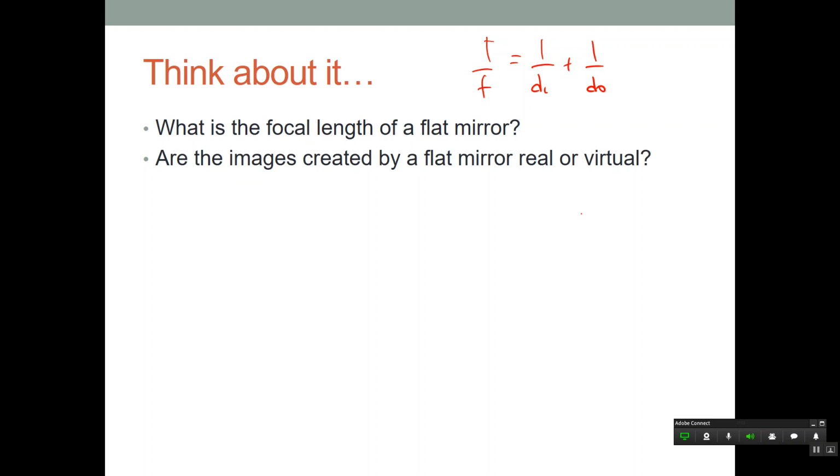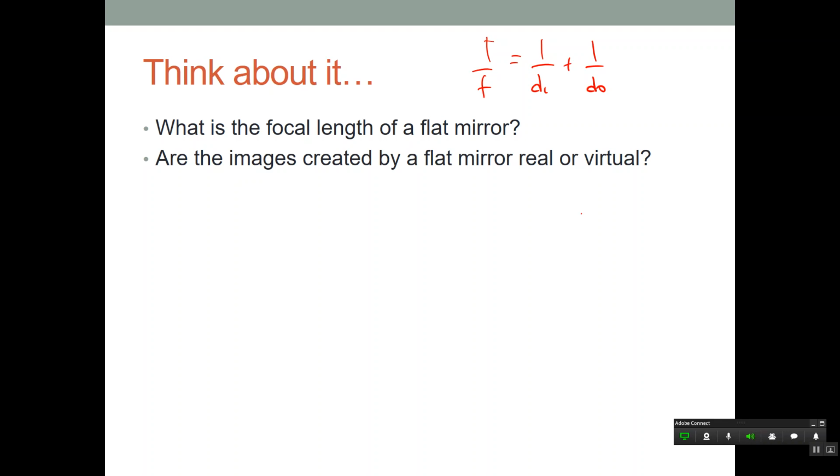Close to flat, right? But if my center of curvature was at infinity, what's half of infinity? Infinity. So where would my focal point be if I had a flat mirror? It would be at infinity, because the center of curvature is at infinity distance away. And that's why I'm getting this flat edge here.